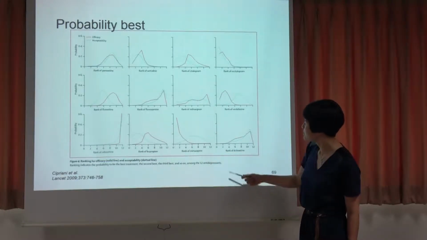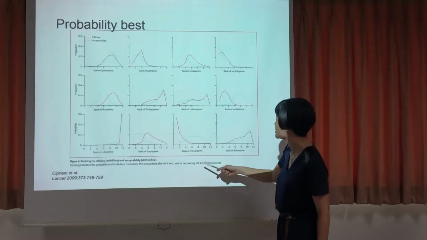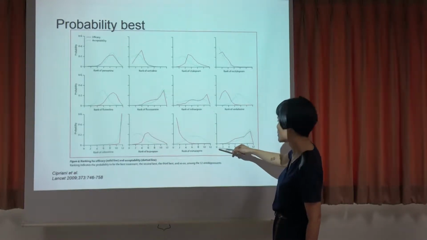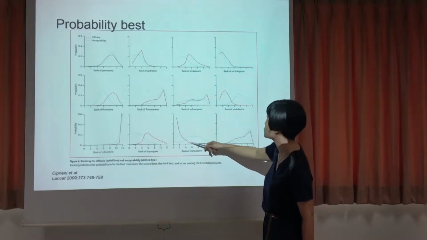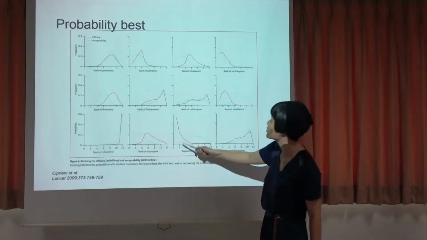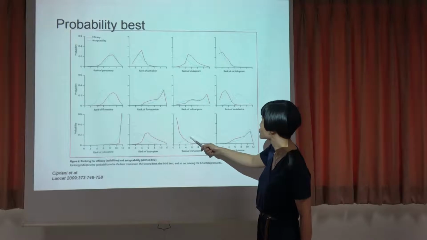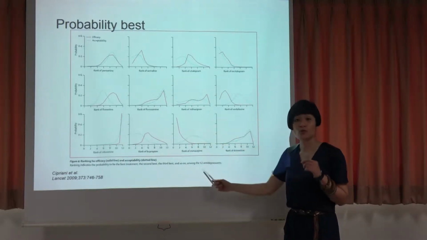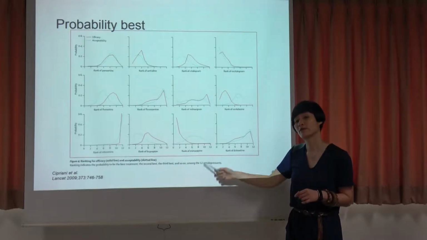So here, the probability of it being ranked high is this one, the red solid line. So there are 2 lines, one for each outcome. The red line is for efficacy, and the dotted line is for acceptability. So you remember, just because you rank first for one outcome doesn't mean you'll always be ranked first for all outcomes.